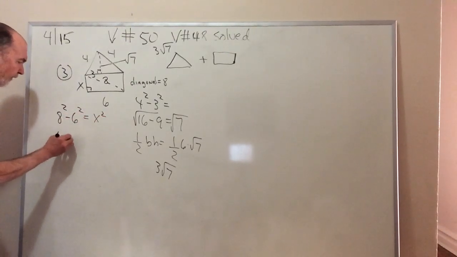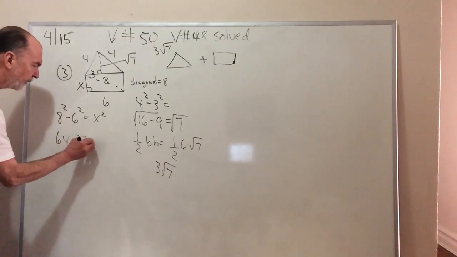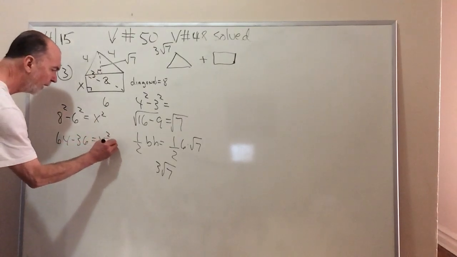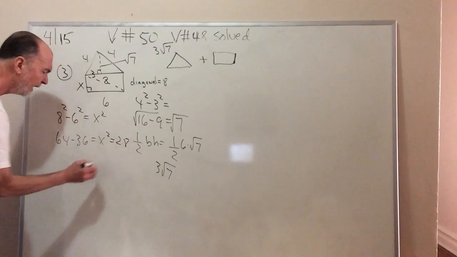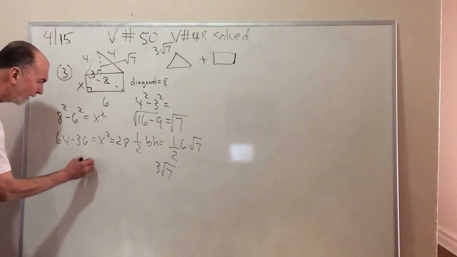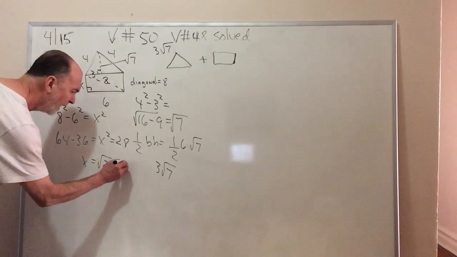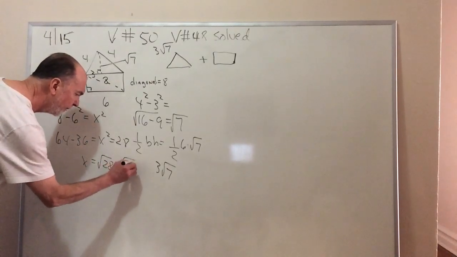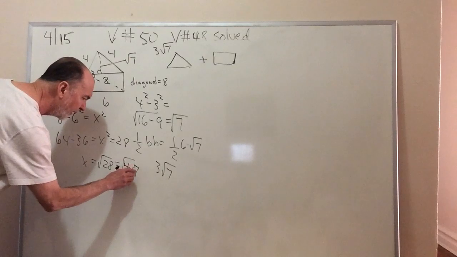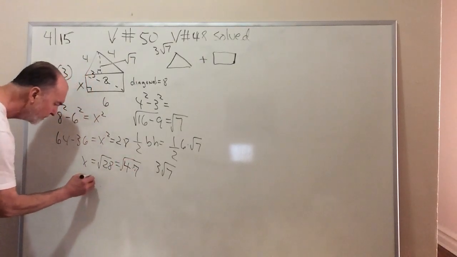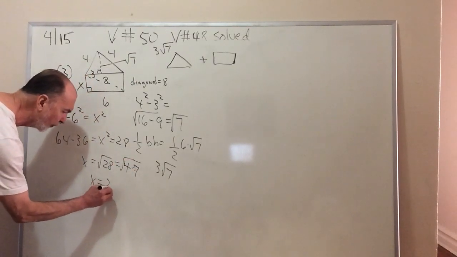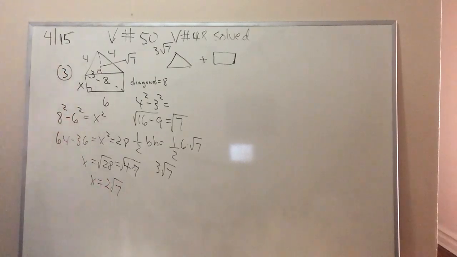That means 64 minus 36 equals x squared equals 28. Take the square root of both sides. X equals radical 28. Simplify. That's radical 4 times radical 7. That was in your exercises last week. But it turns out that the side equals 2 radical 7.